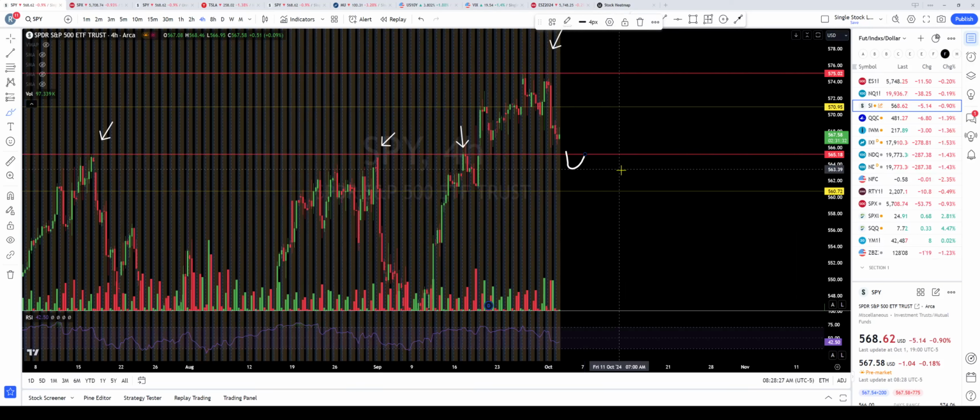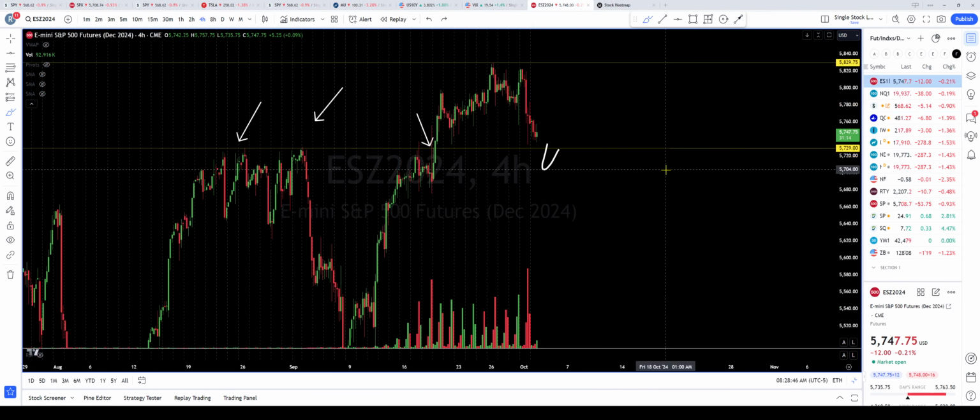Because if it breaks and retests, I think there's nothing stopping it from filling this entire candle up here red to the downside to 560. So I would be looking again for an SPX. This line, this 565.08, lines up with the 57.29 on ES, okay?